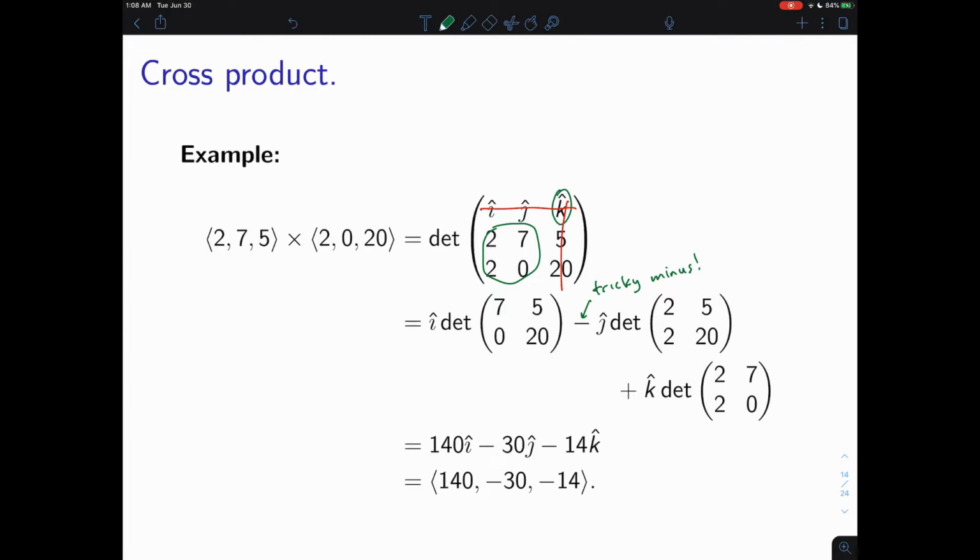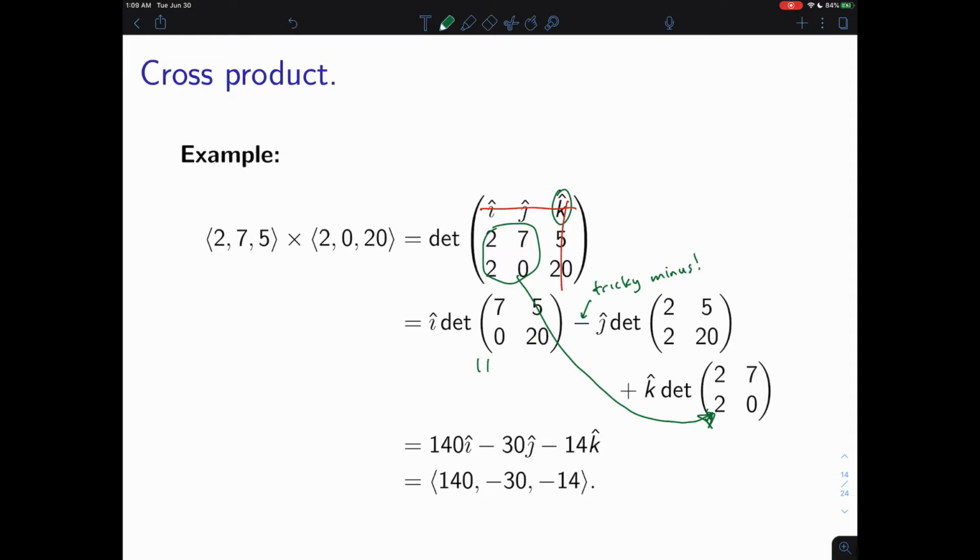Now we have to work out all the 2 by 2 determinants. So that was the hard part, right? The 3 by 3 determinant is the hard part. But once we've done that, now I've got a 2 by 2 determinant, 7, 5, 0, 20.